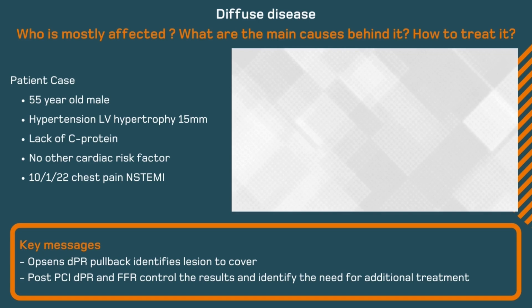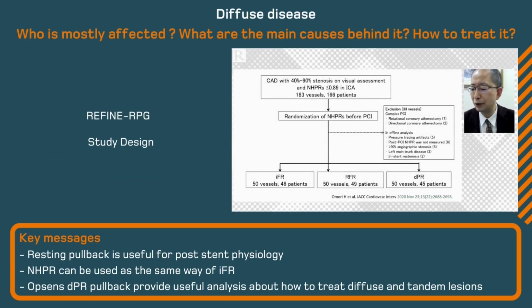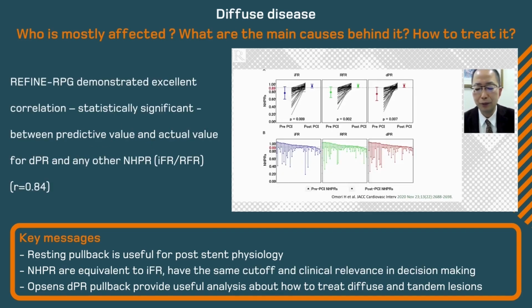problem was. In this study, 183 vessels from 163 patients were allocated to either iFR pullback assessment, RFR pullback assessment, or DPR pullback assessment in Gifu, Toyohashi, and Nagoya Heart Center. By PCI, all of the non-hyperemic pressure ratios improved significantly, as shown in this slide.